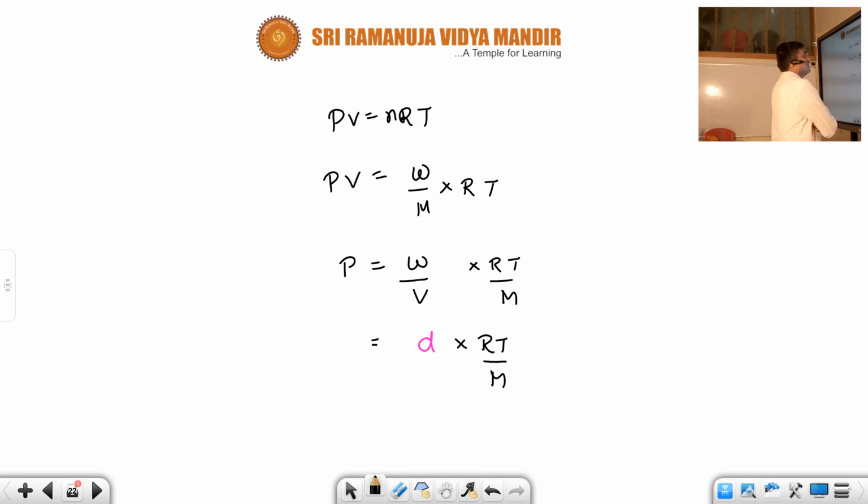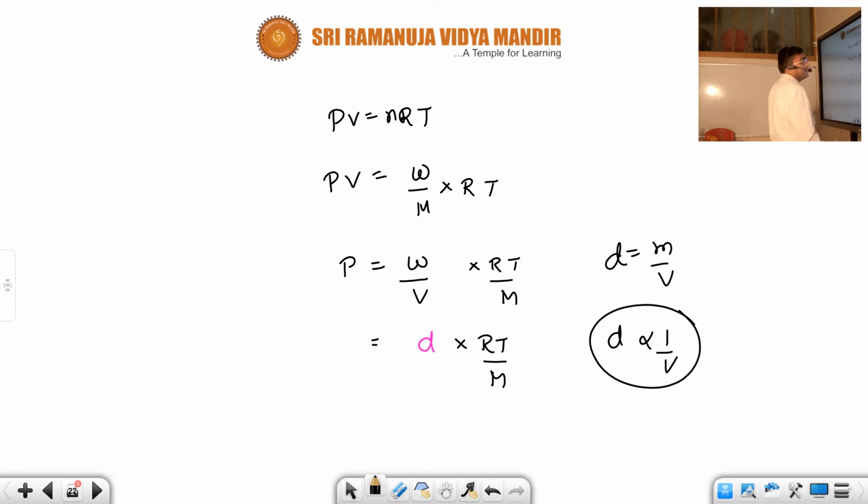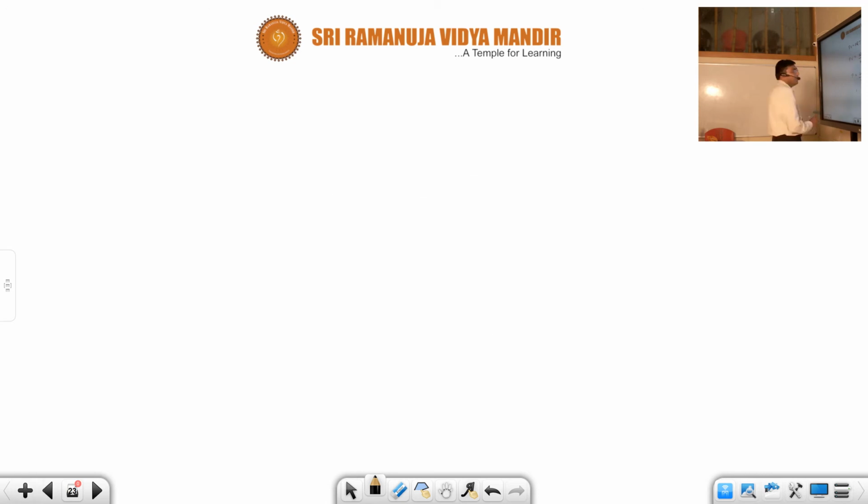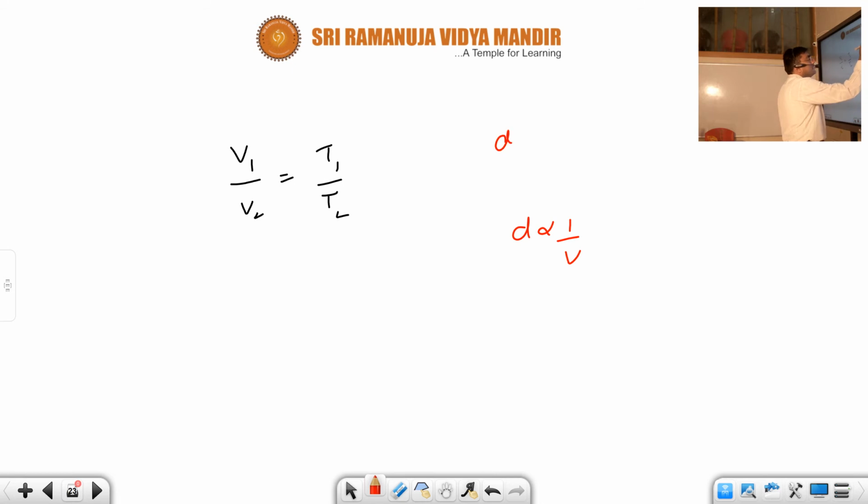Here, density is equal to mass by volume. Density is inversely proportional to volume. So, if you take V1 by V2 is equal to T1 by T2, then as density is inversely proportional to the volume, because density is equal to mass by volume, students, here M is constant.